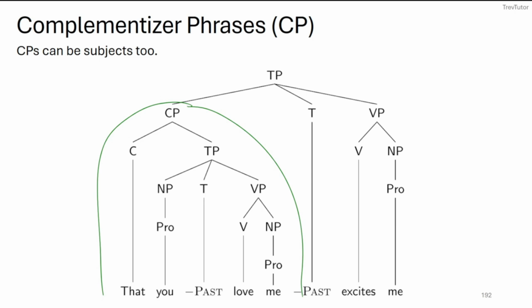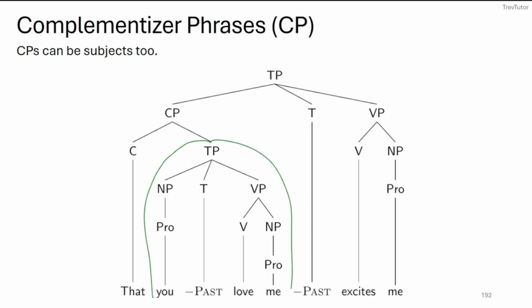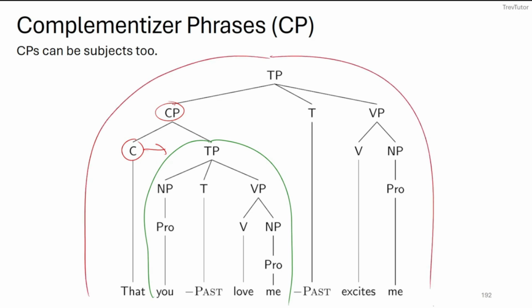So that you love me excites me. So same thing as before. We have our smaller TP. We have the complementizer introducing that TP to form a complementizer phrase, and that is being embedded in a bigger tense phrase. So it's the same thing as if it were the complement of the verb. It's just in a different position.